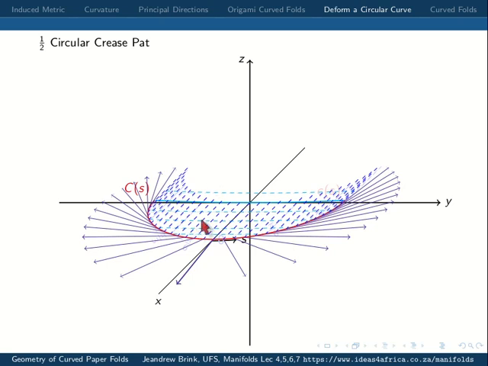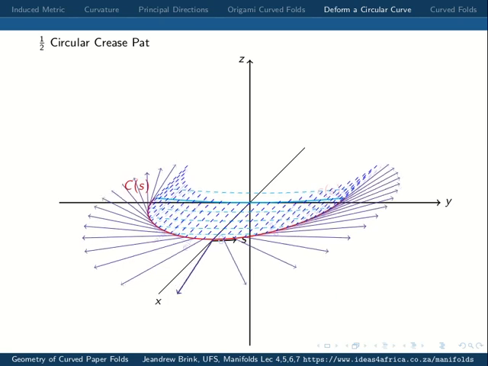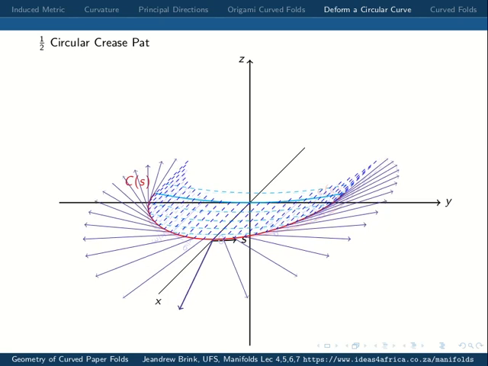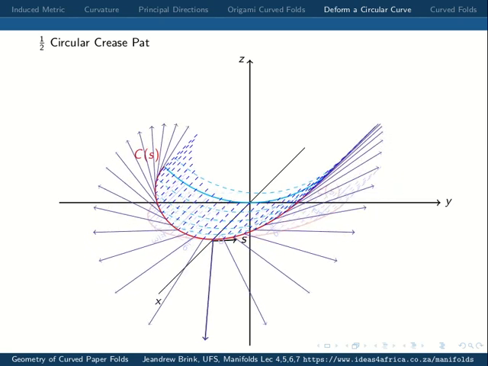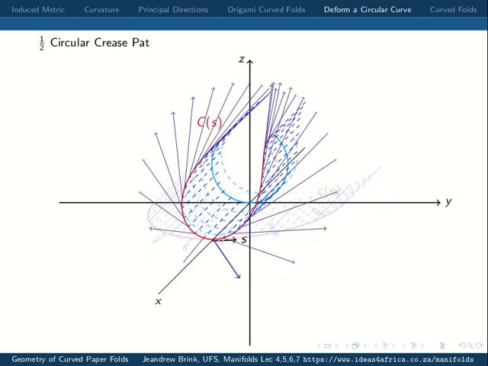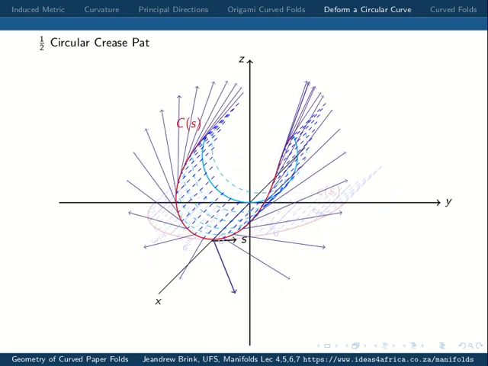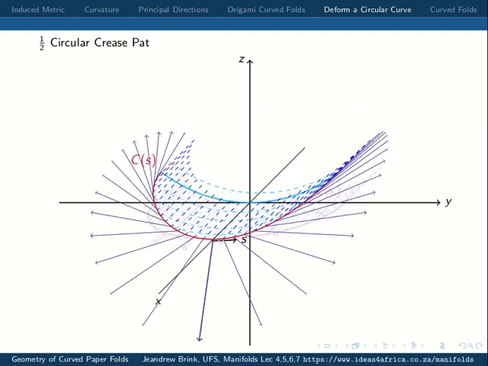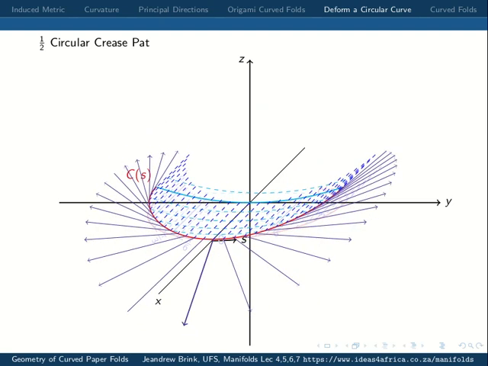Okay, there's the ruling directions on the one side, here's our ruling directions on the other side, and now what I'm going to do is I'm going to change rho. In other words, I'm going to decrease rho, so I'm going to make my cylinder more and more curved. And there you can see it actually changing. Okay, so you can literally see the thing go and do this as it curves.